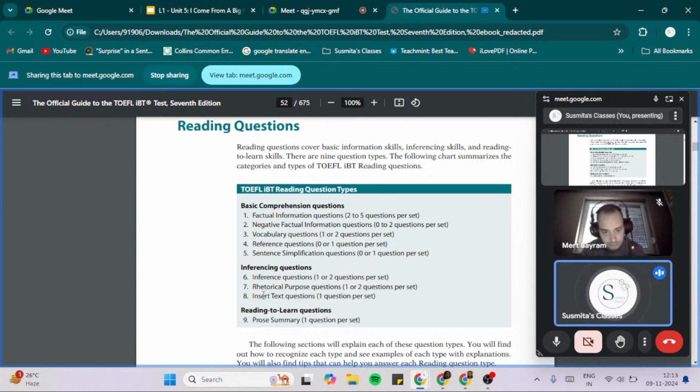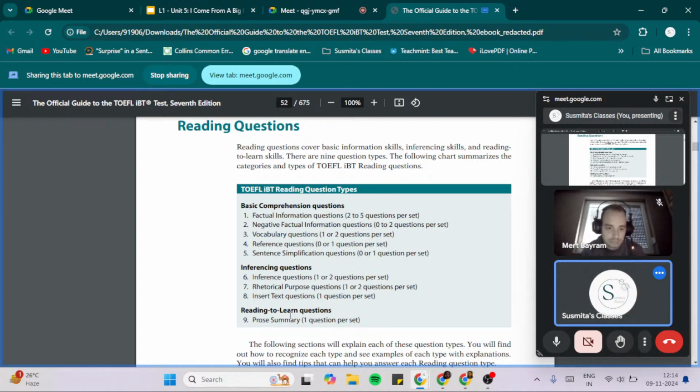Now, insert text and prose summary questions, you always get them, and you always have them at the end of all the questions. So prose summary question will always be question number 10 and insert text question will always be question number 9 that you have in reading.